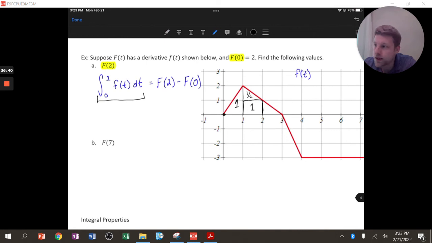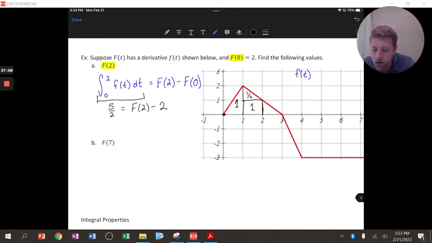So it looks like we have 2.5 units of area here from 0 to 2 to get started. So we'll just call that 5/2. 2.5 or 5/2 would be equivalent, is going to be equal to capital F of 2, which we do not know, minus capital F of 0, which happens to be 2 itself.